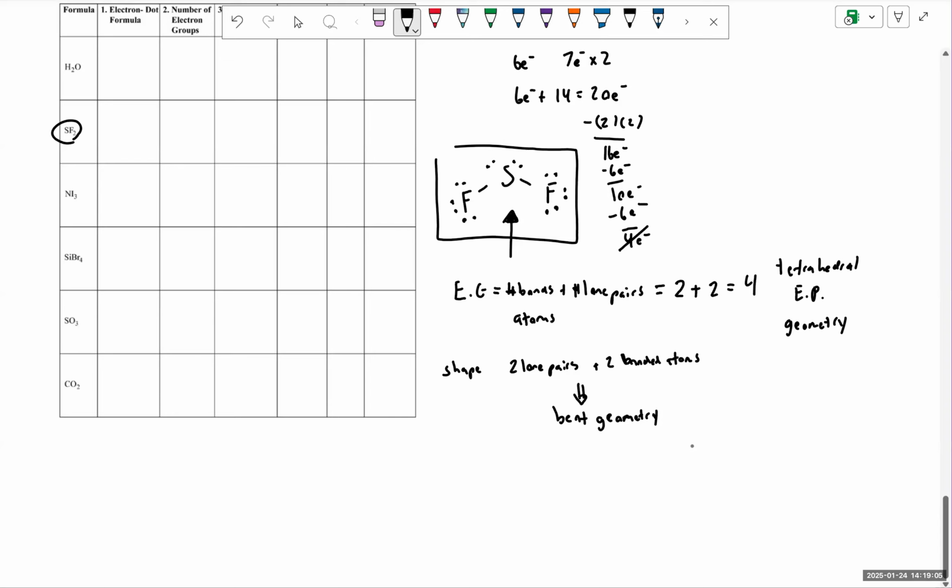Now, because this molecule contains polar bonds, there is a net bond dipole. And because the central atom has a lone pair, and in turn, because this geometry is not symmetrical, these bond dipoles do not cancel, and this overall molecule would be considered polar.